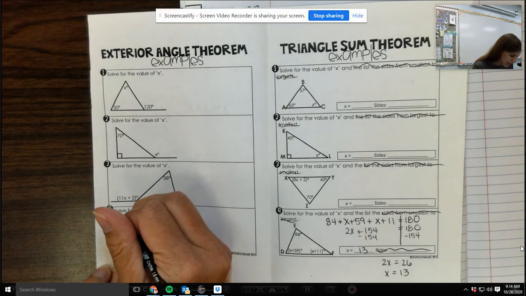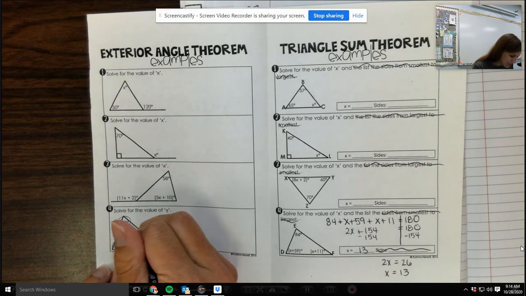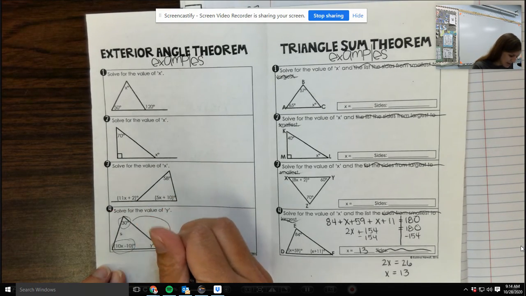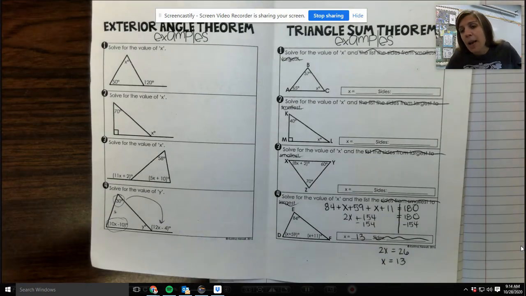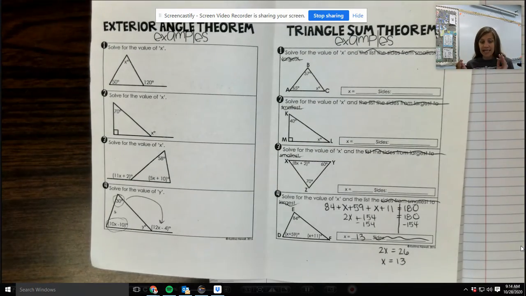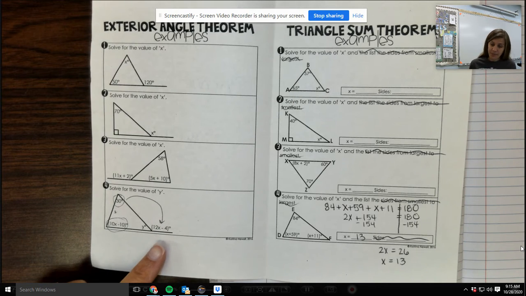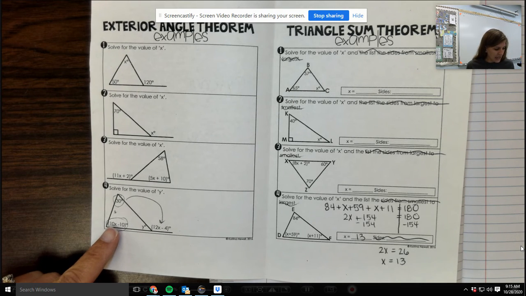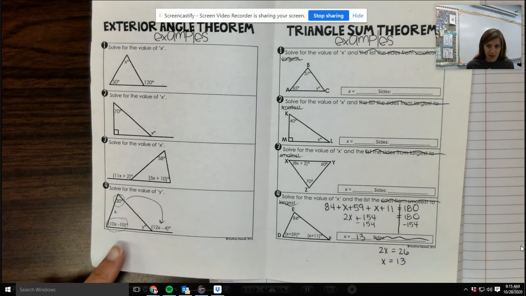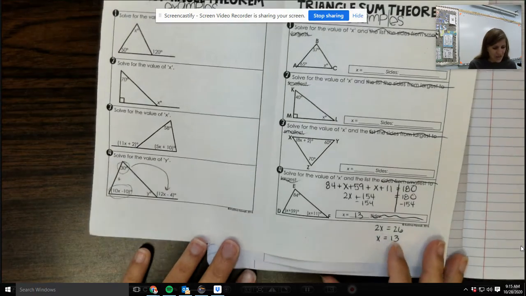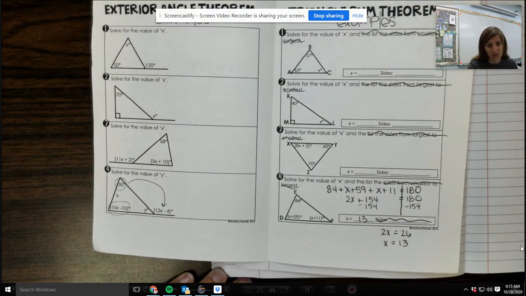However, I could add the 2 remote ones to equal the outside one, and that one would work out because they're all x's. And that's helpful to me because once I know what x is, I could either plug it in here and do an angle pair thing, or I could plug it in here and do the triangle sum thing. So either way, but I do have to start by finding x, which isn't really what the question's asking for.